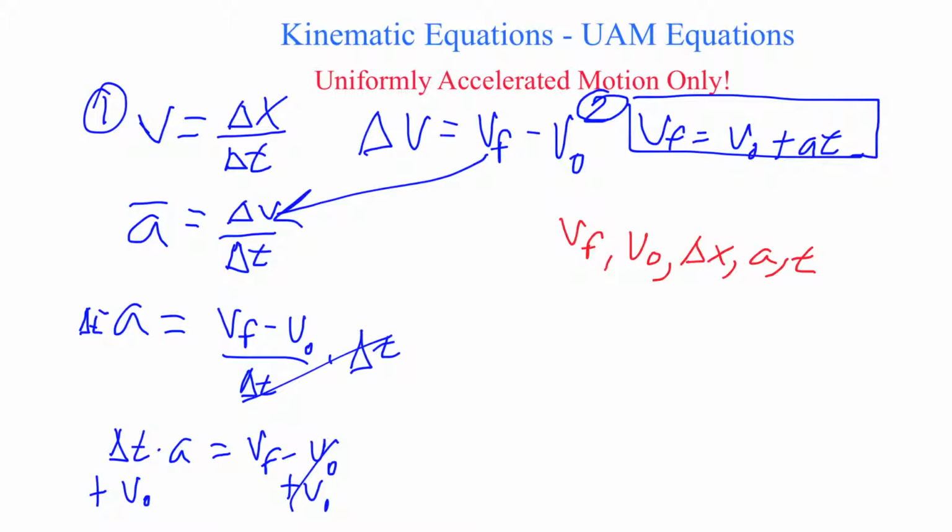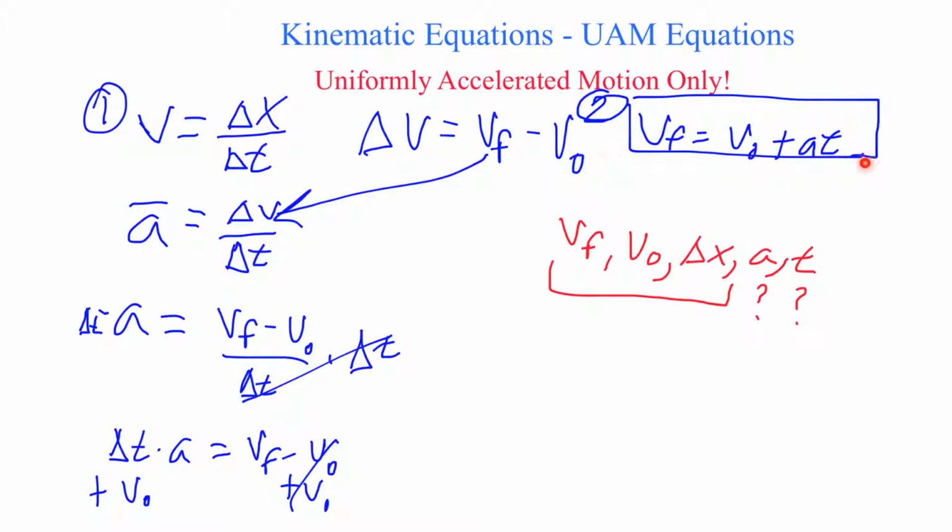If you know 3 of the variables, then you can solve for the other 2, and it could be any combination of those. So there are 5 kinematic variables and 4 kinematic equations. If you know 3 of the variables, you can solve for the other 2, which leaves you with one happy physics student.